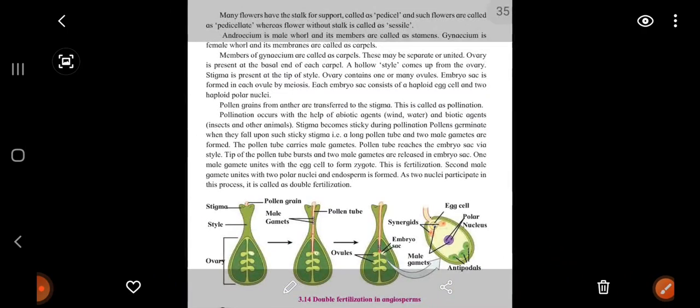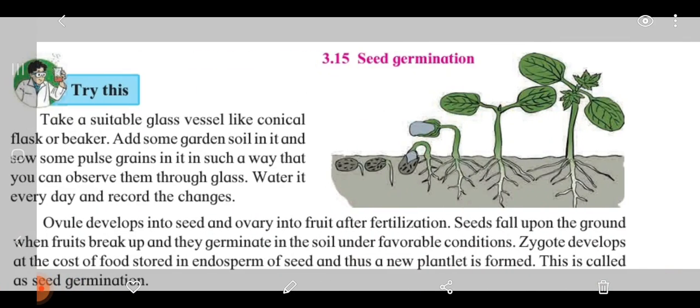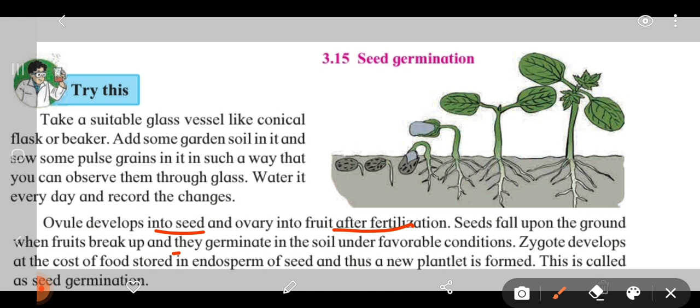Now let us see how a seed germinates. The ovule develops into a seed, and the ovary into a fruit after fertilization. Seeds fall upon the ground when fruits break up, and they germinate in the soil under favorable conditions.